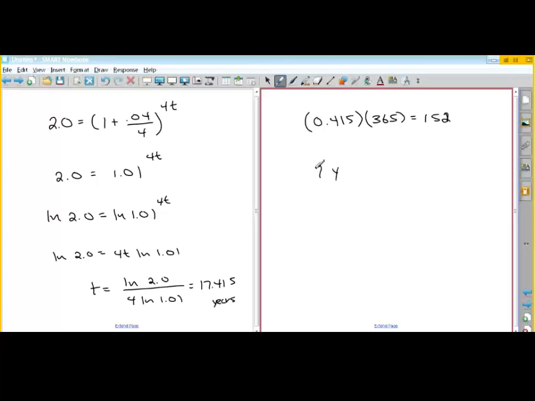So the answer is you have to have it in for 17 years and the equivalent of 0.415 years, which is 152 days. And then if you had it in another 17 years, you'd double it again.